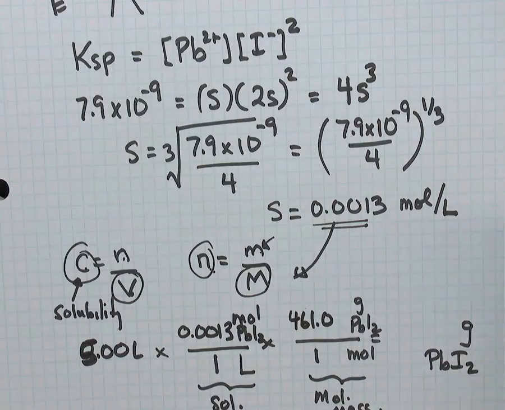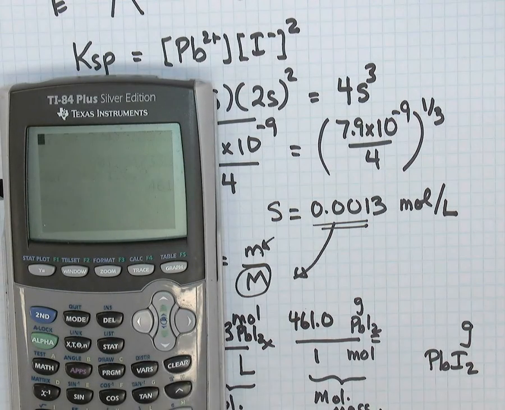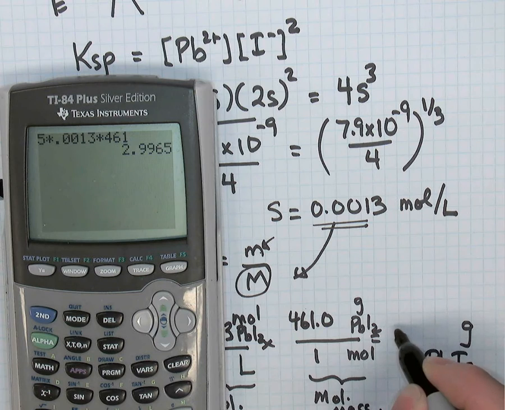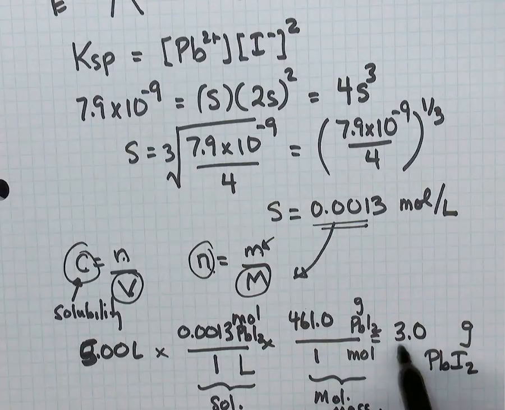So now 5 liters, 5 times 0.0013 times 461, I need 2.996 or 3.0 grams. Okay, 2 sig figs again because our solubility had 2 sig figs in it.